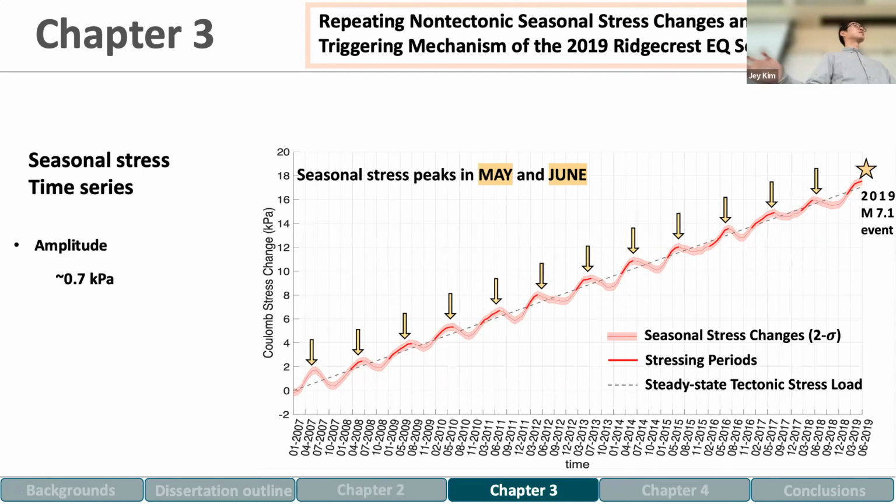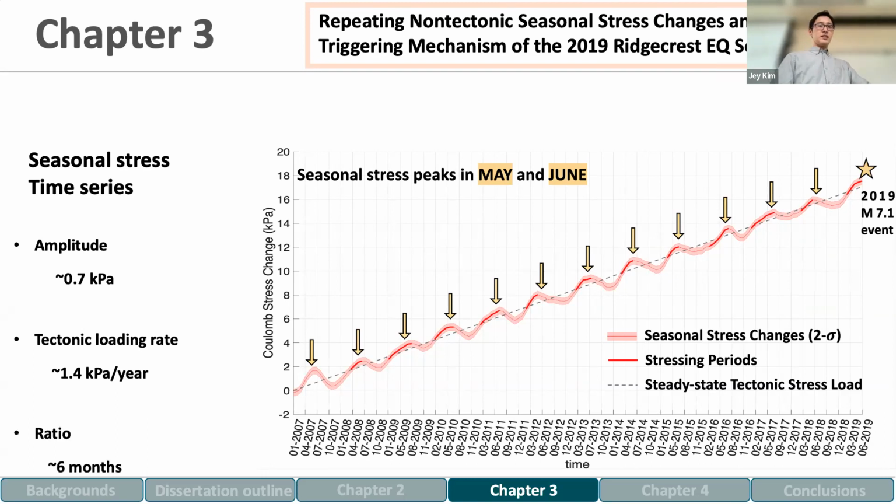But if I move further, I want to point out that the amplitude of seasonal stress change is only 0.7 kilopascal. It's very small. You may think it's too small, but as I told you, I'm considering it as a triggering factor. 0.7 kilopascal, but the geodetically inferred tectonic loading rate here is 1.4 kilopascal per year.